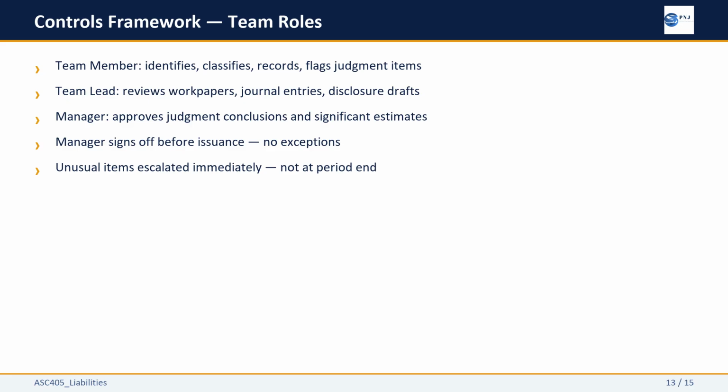Any judgment-based conclusion, significant estimate, or disclosure requiring client communication gets escalated to the manager. The manager approves those conclusions, reviews and approves all final disclosures, communicates significant decisions to client management, and signs off before anything is issued. This escalation path is what keeps errors from becoming audit findings.